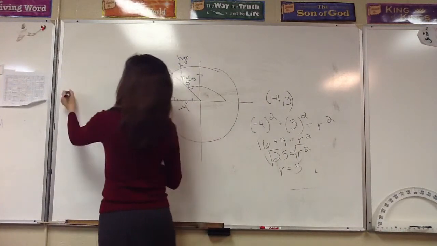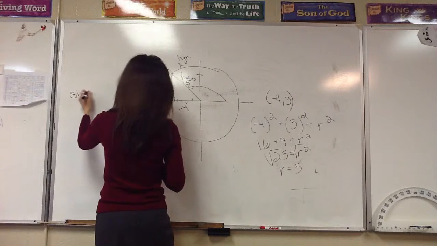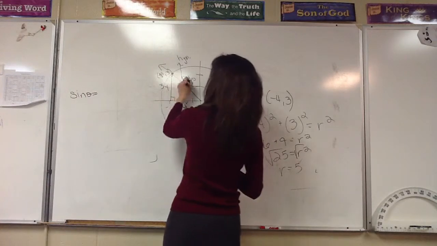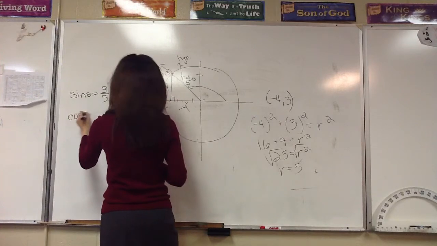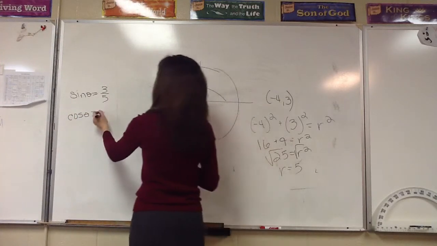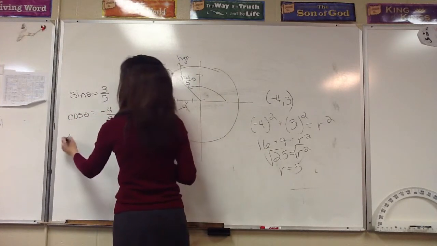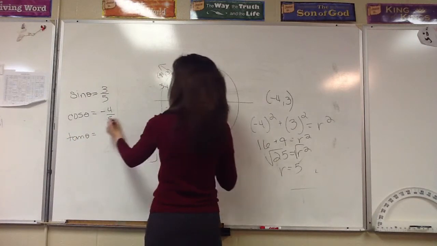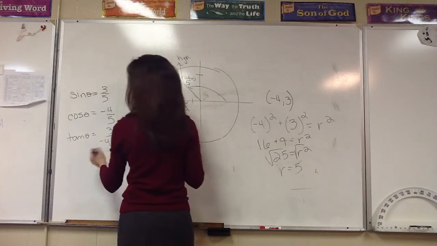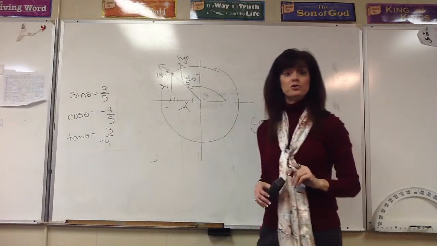So we can say, okay, sine of theta is equal to 3 over 5. Cosine of theta is going to be -4 over 5. And tan of theta is going to be opposite 3 over -4. And then, of course, the reciprocals, you just flip them.